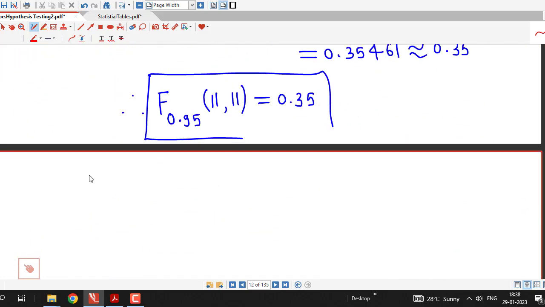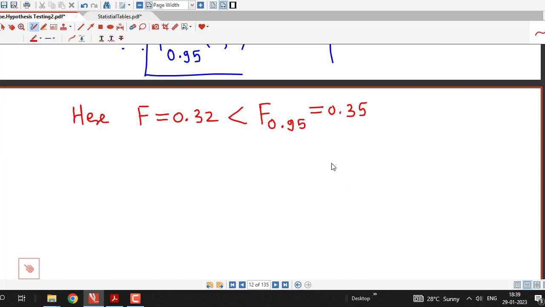So we can write here that capital F is 0.32 and it is less than the critical value F.95 equal to 0.35. Therefore we must reject the null hypothesis.